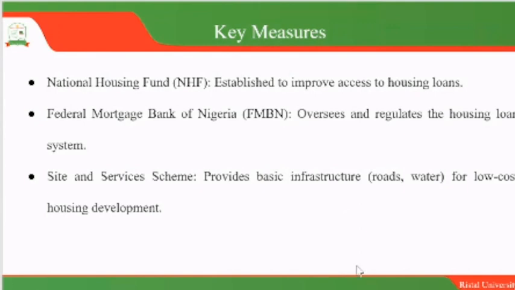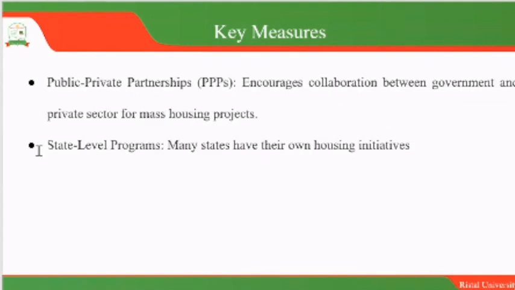They are just there, and they do not even have access to water. They do not have access to electricity. So it makes it a little hard for people to continuously develop in that kind of a place. So it is fair that you employ a key measure and provide site services to these places.